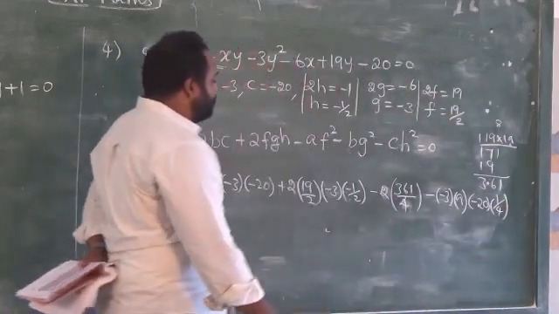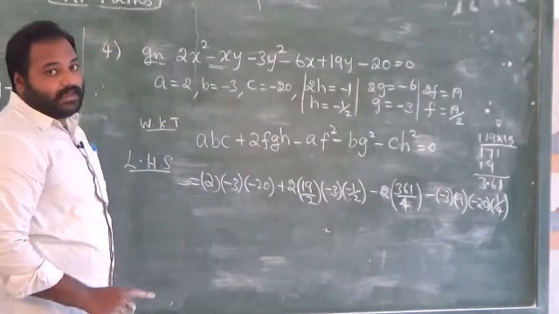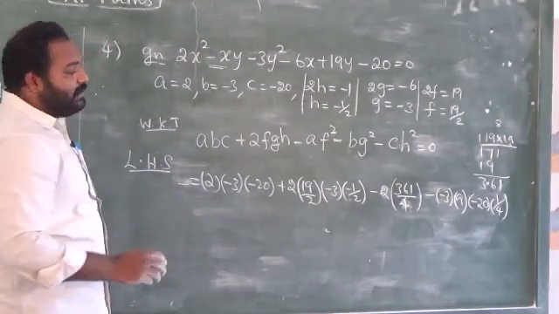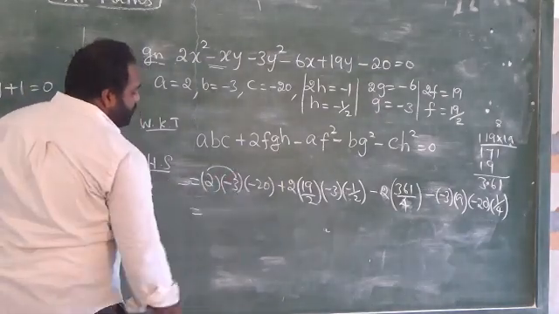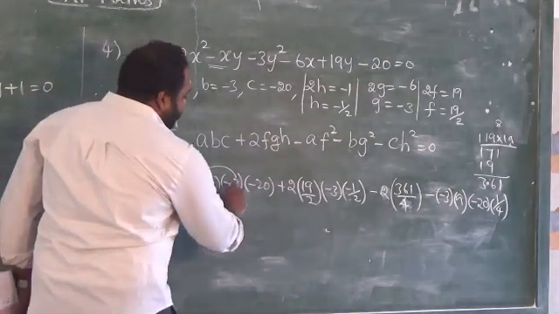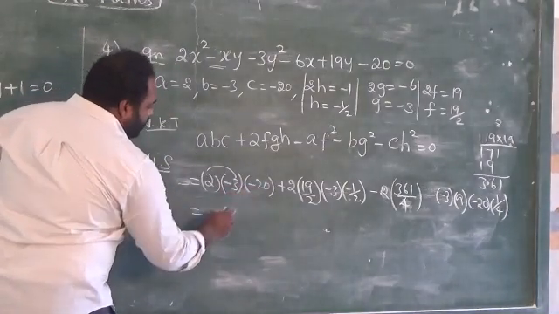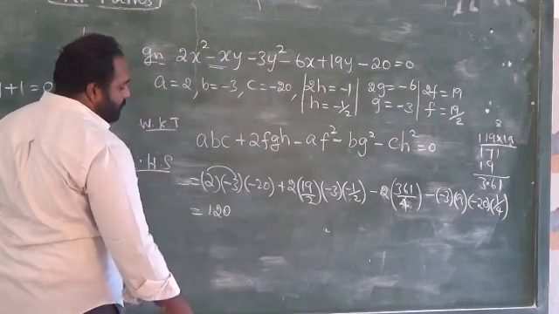Very carefully we have to substitute the values, and do the multiplication and addition very carefully, otherwise you will not get a proper answer. So now 2 into 3, 6, minus into minus is plus, 6 into 20, 120.